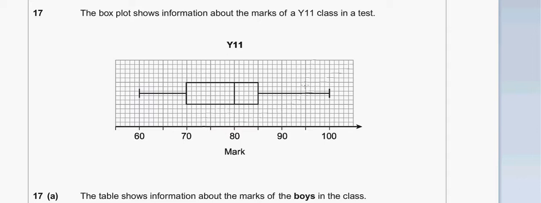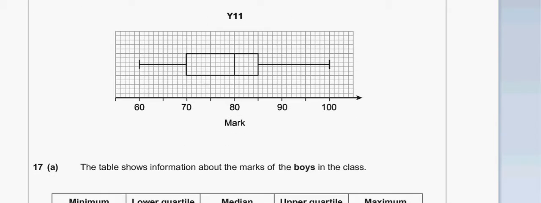Okay, 17. So the box plot shows information about marks of a year 11 class in a test. So here we can see the box plot. So the median mark was 80, lower quartile was 70, the upper quartile 85, the lowest mark there was 60, the highest mark was 100.